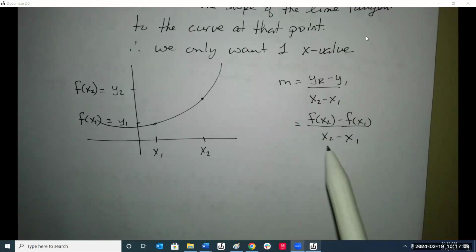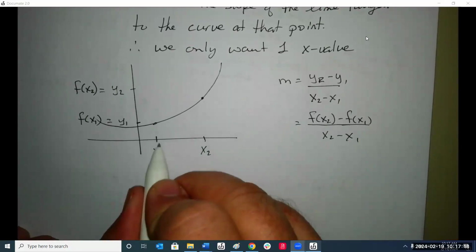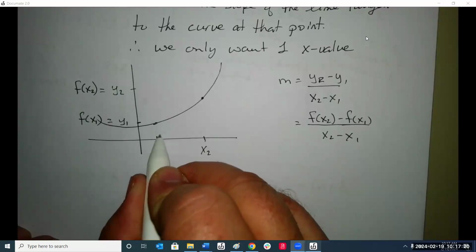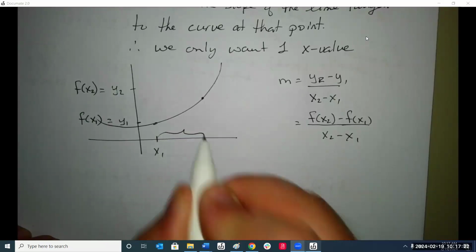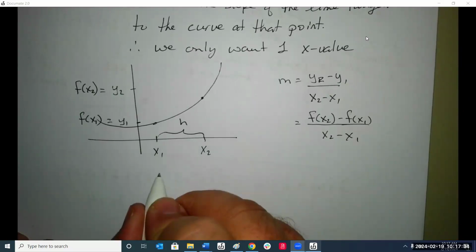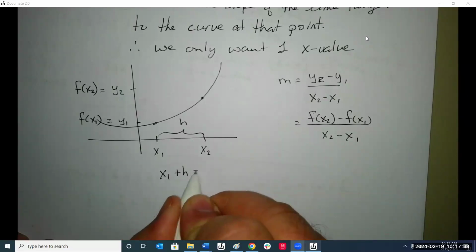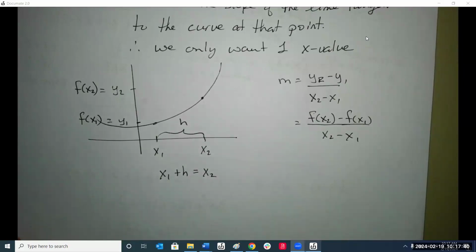So you see the problem with this, we have x1 and x2. We can only have one variable in there, one x. So what do we call the distance between x1 and x2? We call that h. So x1 plus h equals x2.